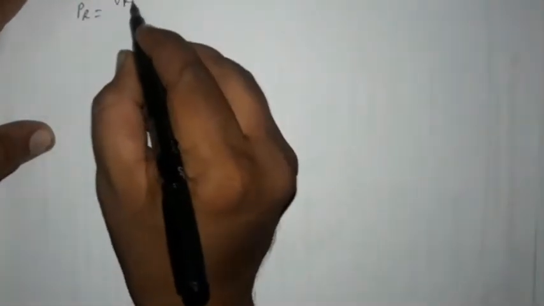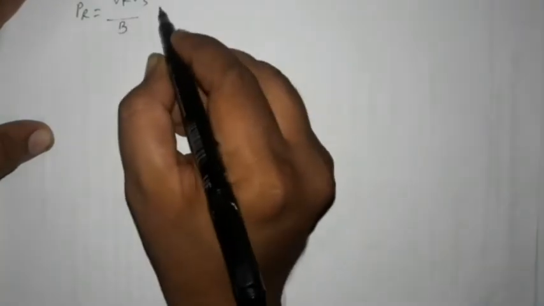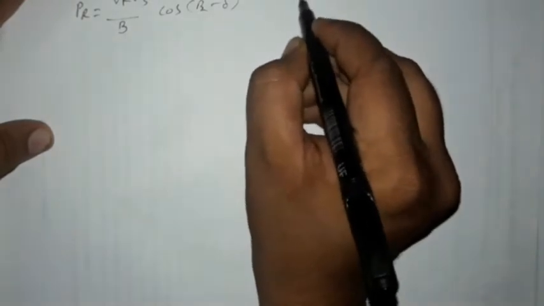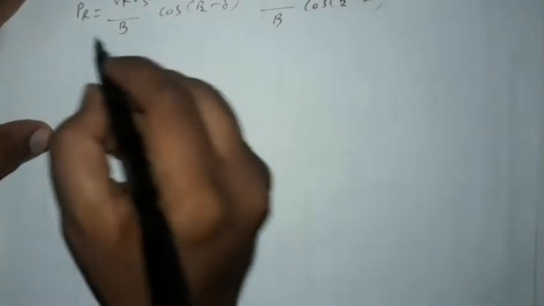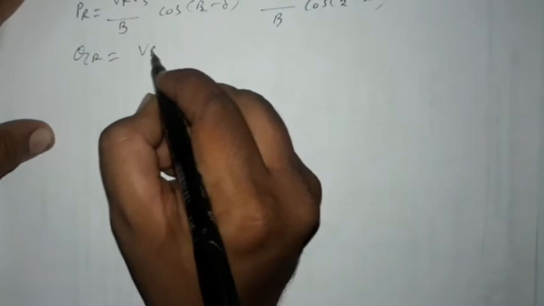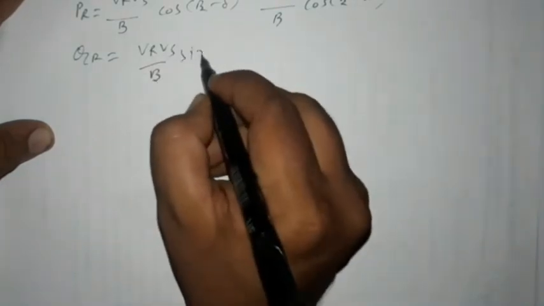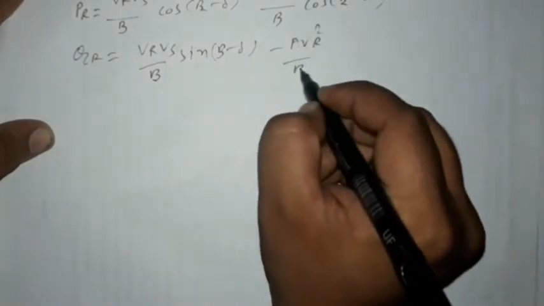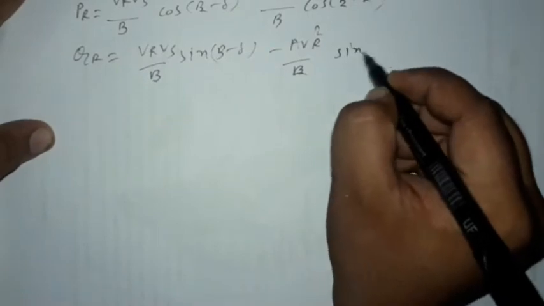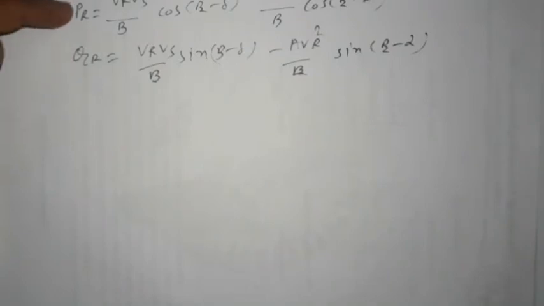PR is equal to VR into Vs by B cos beta minus delta minus A VR square upon B cos beta minus alpha, and QR is equal to VR into Vs by B sin beta minus delta minus A VR square by B sin beta minus alpha. So these are the two equations for active power and reactive power at the receiving end.